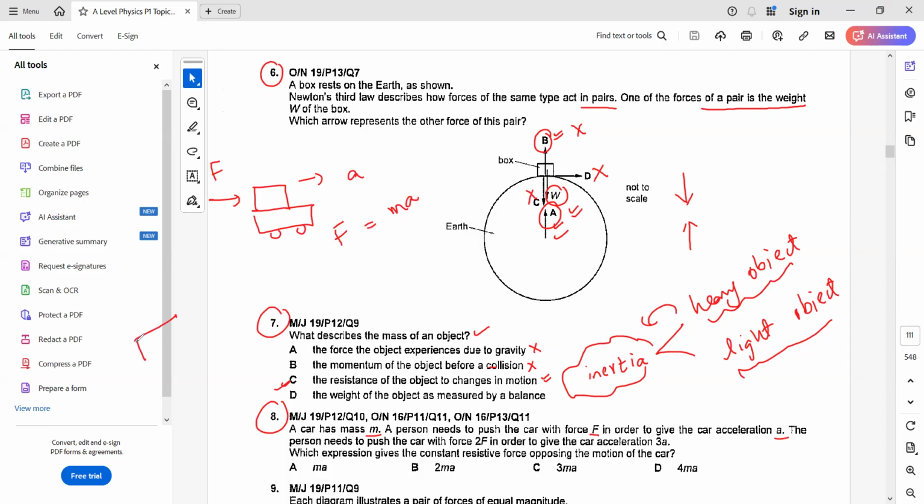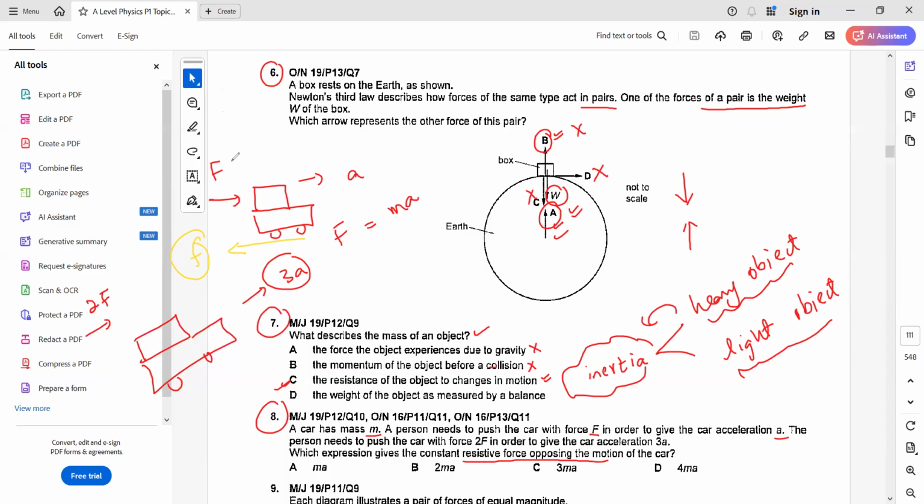In some other case, he needs to push the same car with a force of 2F so that it produces an acceleration 3A. Which expression gives the constant resistive force? So there was some resistive force here. I missed that. So let's say that's F.